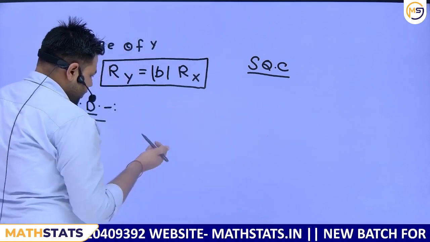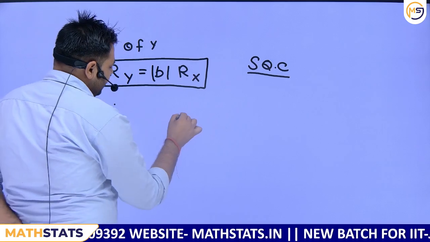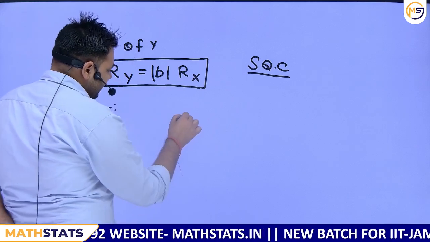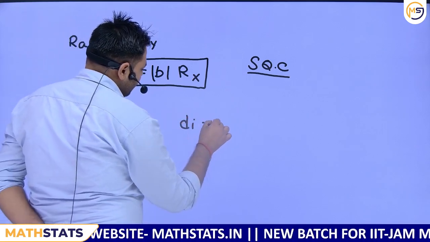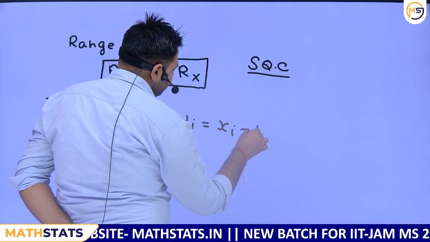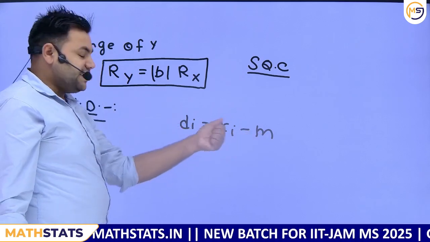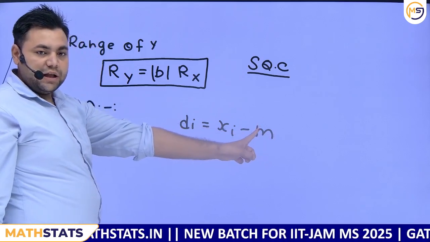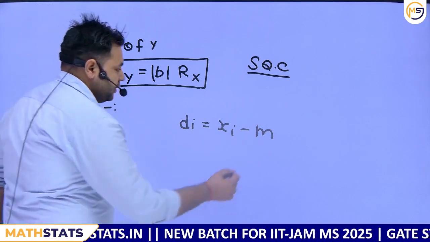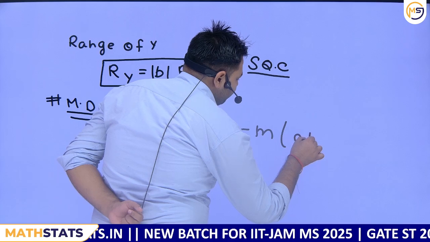First, talking about deviation: what is deviation? Deviation di equals xi minus m. This is the deviation of xi about the point m.